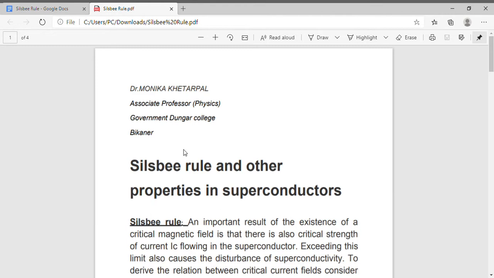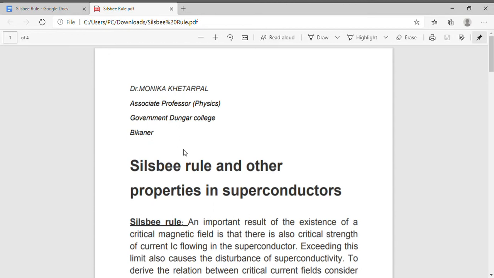It is denoted by Hc. When we place a superconductor in a magnetic field and increase the magnetic field, then at a particular value, which is termed the critical magnetic field, the superconductivity of the material is destroyed and the material changes from superconductor to normal material.